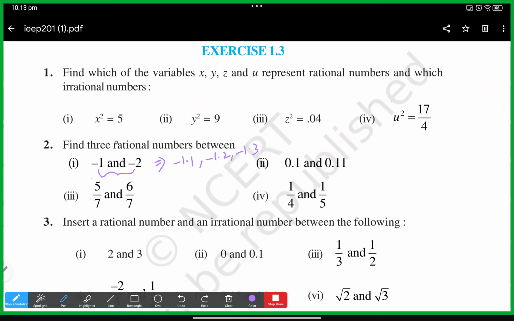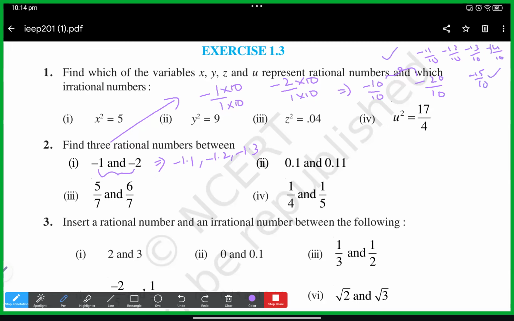Or we can make it -1 by 1 and -2 by 1, multiply by 10 on both, which will become -10 by 10 and -20 by 10. In between we can write all the integers: -11 by 10, -12 by 10, -13 by 10, -14 by 10, -15 by 10.